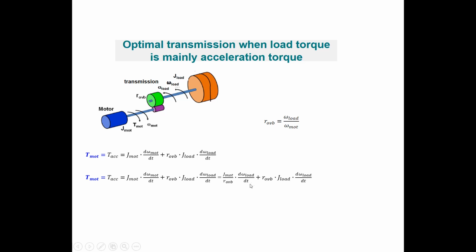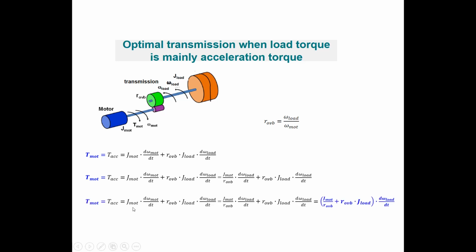So you see that in both terms of this expression we have the angular acceleration of the load. So we can take these two parts together and multiply the summation of it by the acceleration of the load.